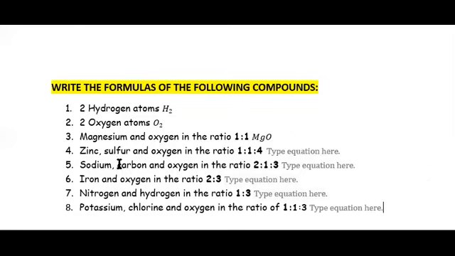Secondly, I have zinc, sulfur, and oxygen in the ratio 1:1:4. How does that look? Yeah, well done, Kian. Very well done. So the only thing you're missing there is the n next to the Z. So we have Zn, we have S, we have O, and we have a 4.